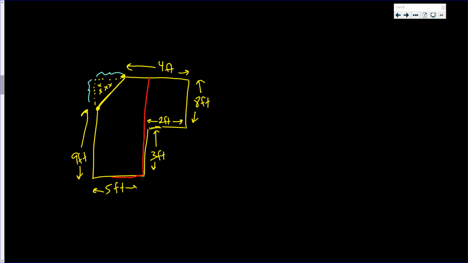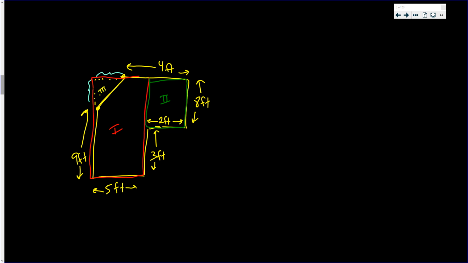I can do this area, that'll be area 1, and then what's left over, this piece here, that will be area 2. But then, let me just erase this here, and let's call that area 3.